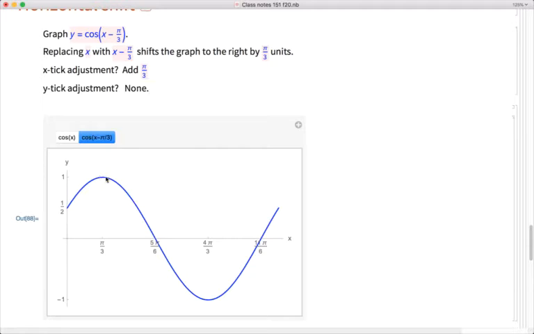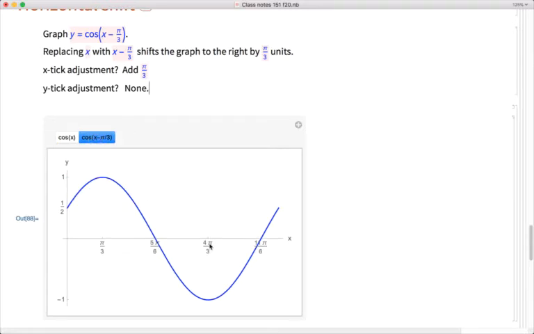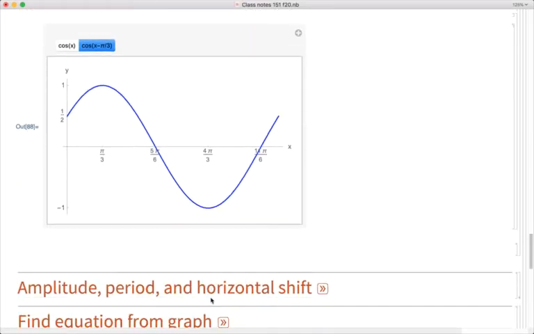And that's the high point for the graph. Let me back up and do it one more time. When we take pi and add pi over 3 to it, that's 3 pi over 3, so I would get 4 pi over 3. That would be the new tick mark, and that's for the trough here. So that's the graph with a horizontal shift.